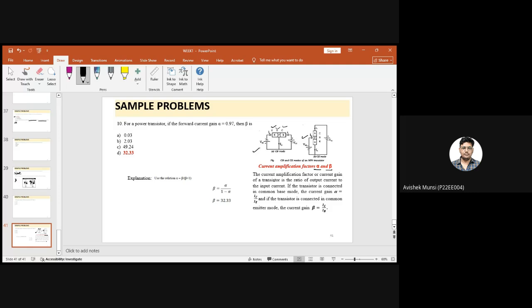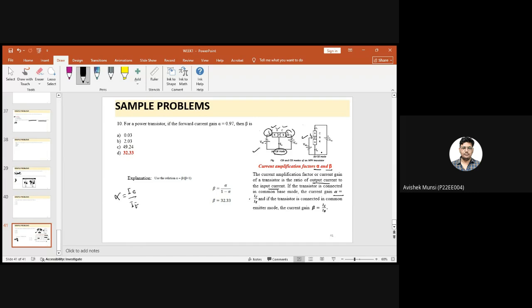If the transistor is connected in common base mode, that is CB mode, then we call alpha the current gain, that is IC by IE. In CB mode, the input current is IE and the output current is IC, so the current amplification factor alpha will be IC by IE.